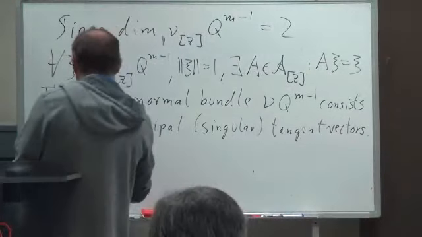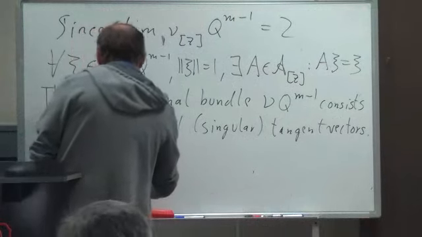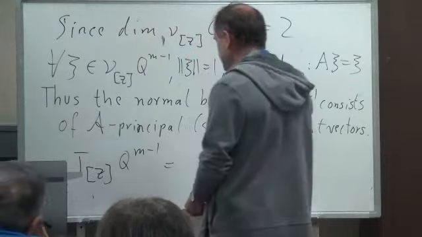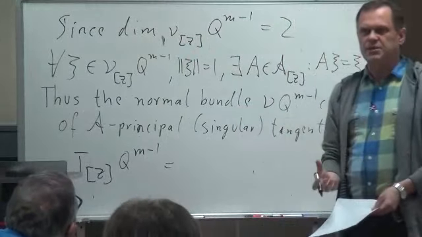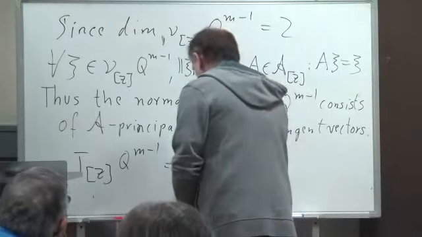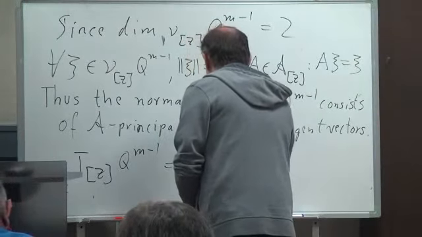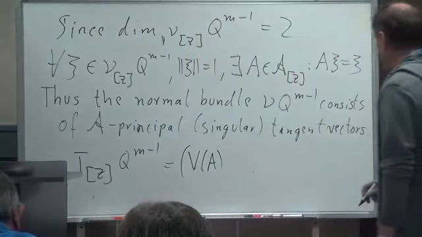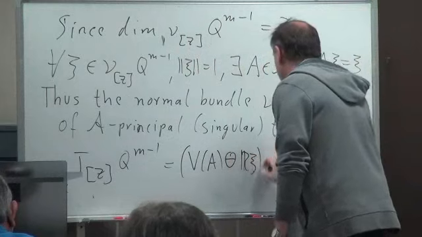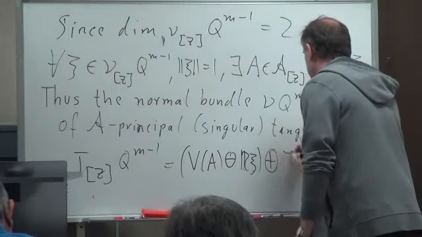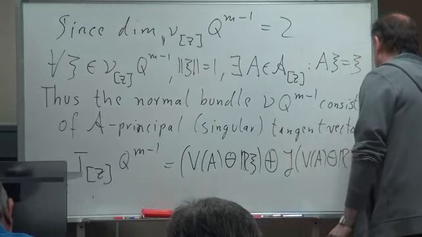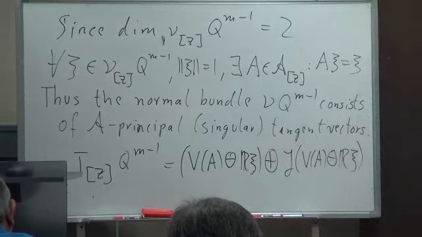It also tells us that we can split the tangent space of the quadric nicely into the +1 eigenspace and the -1 eigenspace of this conjugation. So what we get is the +1 eigenspace, but of course I need to remove the normal vector, plus j of this, which gives us the -1 eigenspace.